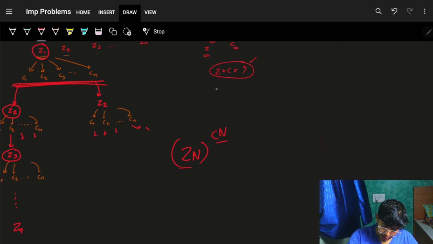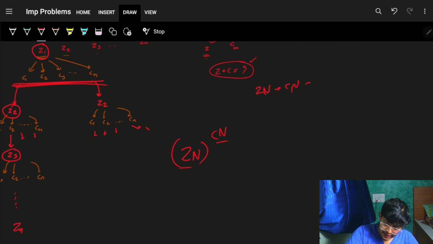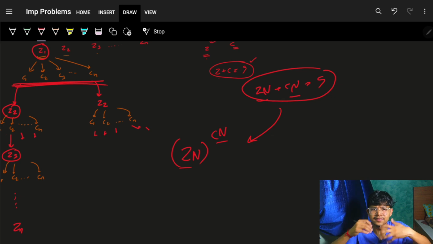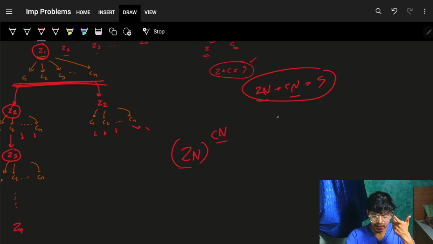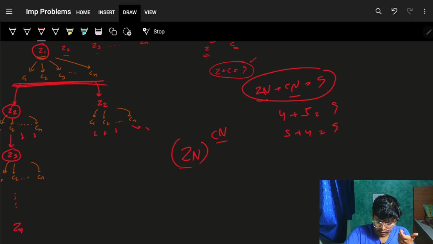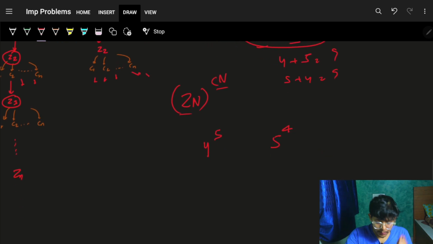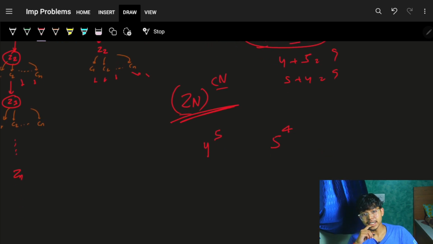I told you that Zn plus Cn is equal to 9. And when we want, okay, some value is equal to 9, we want its highest value, so we just break down in the mid. So 4 plus 5 equal to 9, or 5 plus 4 equal to 9. So basically 4 raised to the power 5 or 5 raised to the power 4 would be the maximum value of my entire recursive tree.